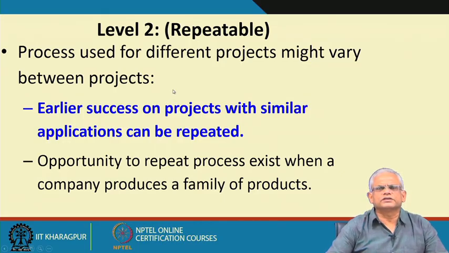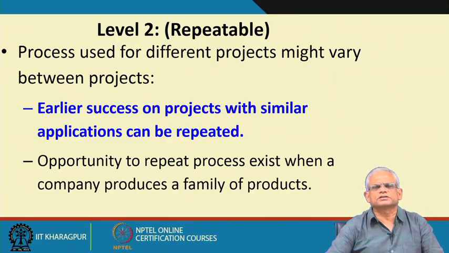Also the process used for different projects may be different, and here the success on a project can be repeated on a similar project. And if an organization produces a family of products, then it is possible for a level 2 organization to repeat its success on one product across the family of products.